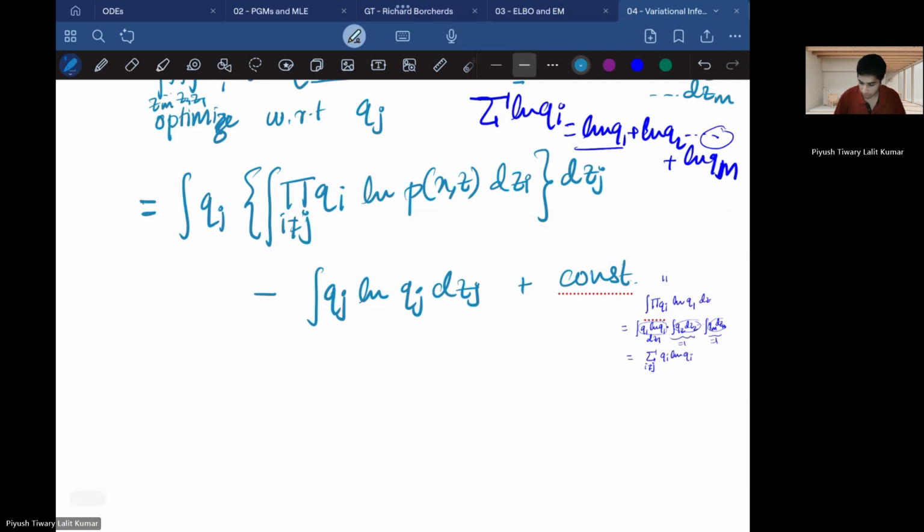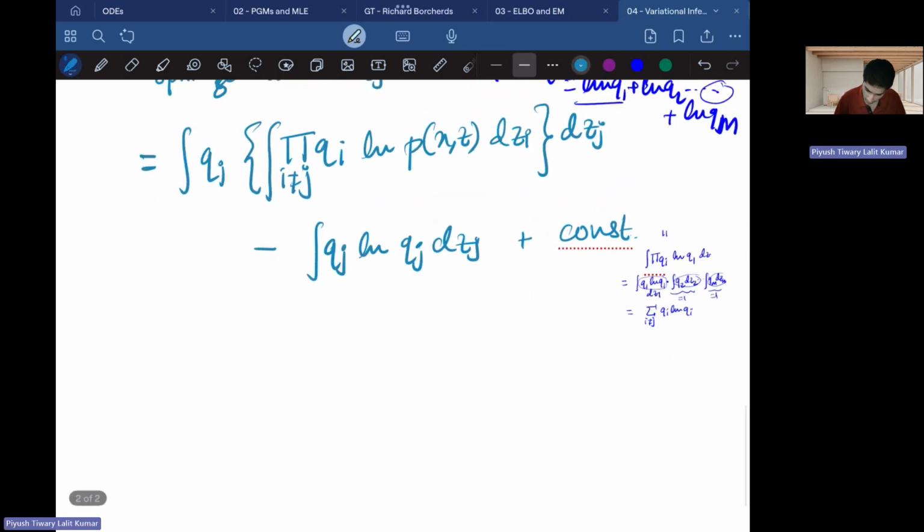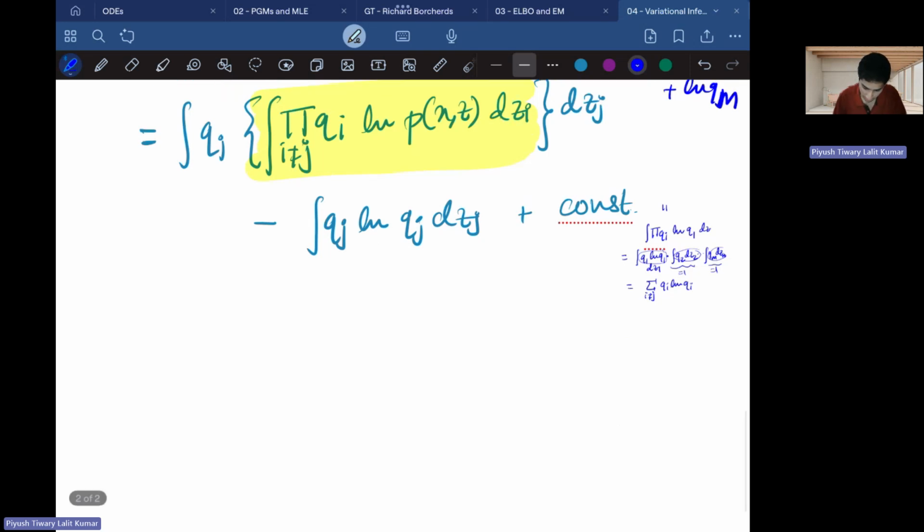Okay. So what I am going to do is, this term that is there inside, let me highlight it. So this term, we will write a name for this term so that it will help us in our calculation.